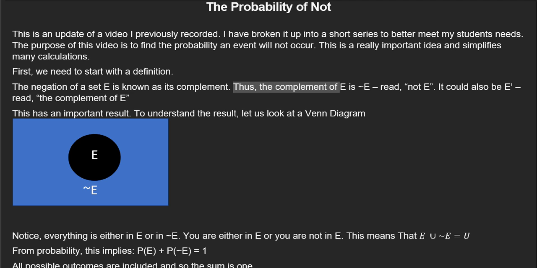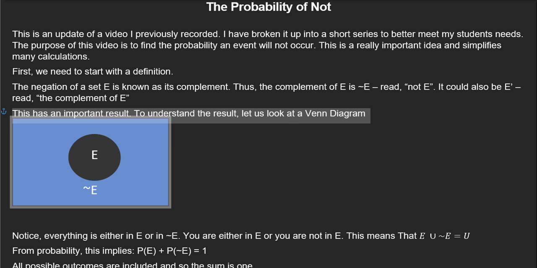Thus, the complement of E is written with a tilde, ~E, and we read it as "not E." It could also be E with this little apostrophe mark, E', and that would be read as the complement of E.